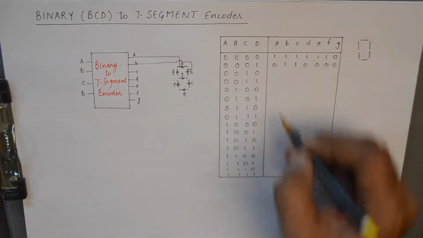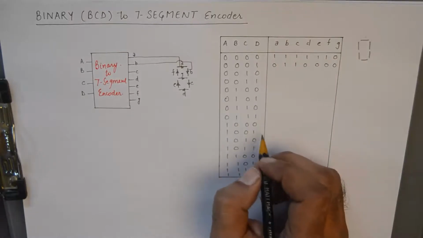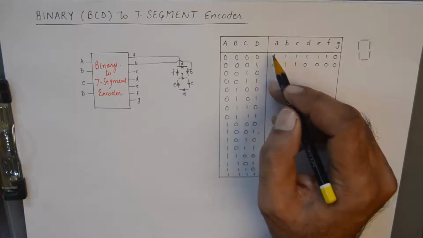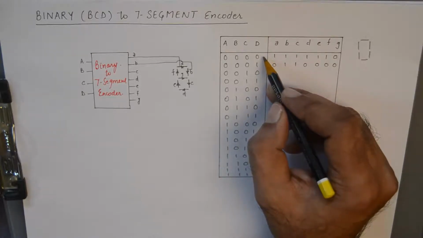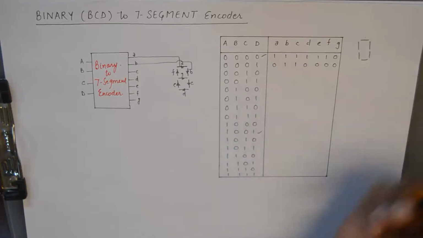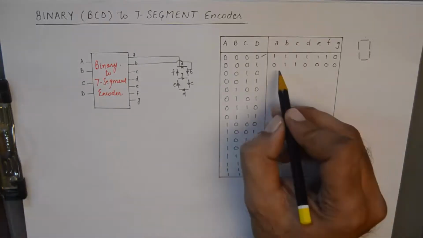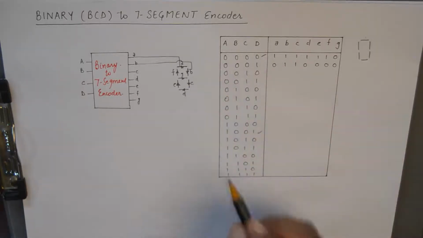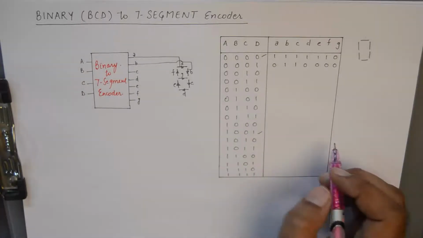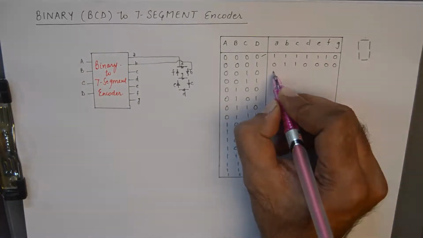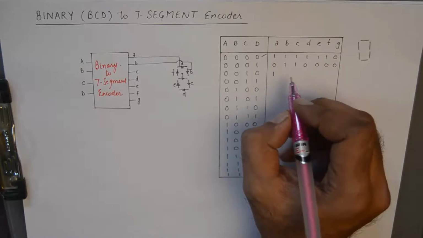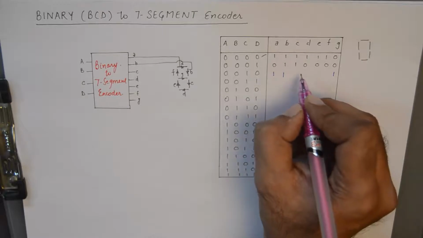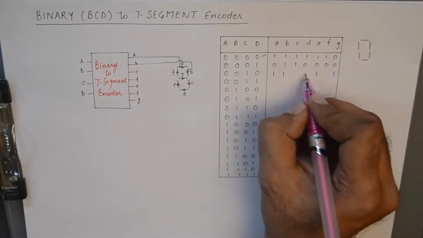Similarly, you need to populate this entire table up to 9, because it'll work for displays of digits 0 to 9. I've made this arrangement for 1, which will be illuminated for B and C only, and 2 will be illuminated when A, B, G, E and D are lit up.